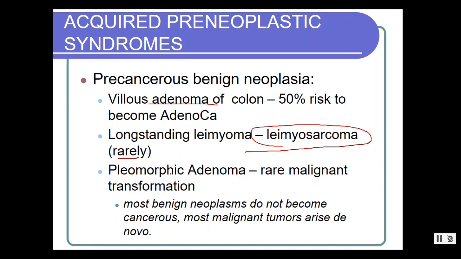And pleomorphic adenoma, if you remember, is a mixed tumor. It has an epithelial and a connective tissue component, and has rare malignant transformation. So there are actually very few, only three benign tumors that can become malignant.